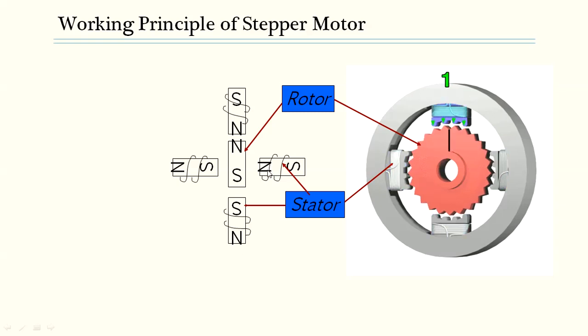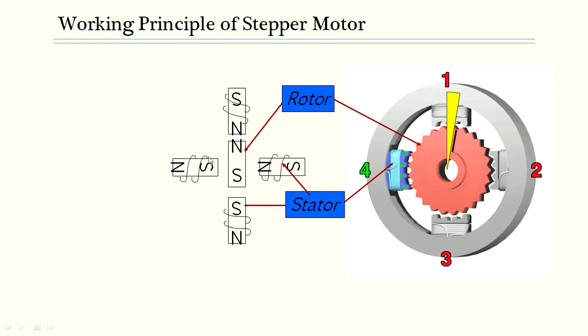So what happens here is when you apply the current, for example, these are the four coils as we can see over here. One end of each coil would be connected to the ground, while the other end would be taken as the inputs that have to be provided.